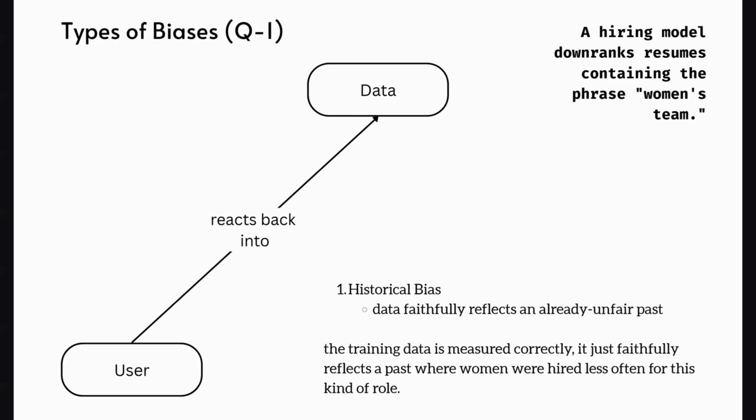I would agree to that, but the question does not mention whether the training data was measured incorrectly or correctly. Even if you have some historical bias, you could at least attempt to clean your data and mitigate it.